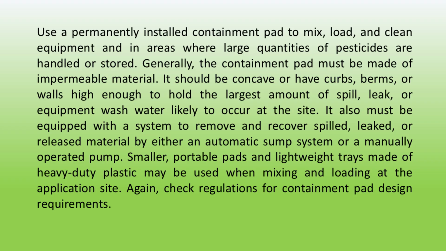It must also be equipped with a system to remove and recover spilled, leaked, or released material by either an automatic sump system or a manually operated pump. Smaller, portable pads and lightweight trays made of heavy-duty plastic may be used when mixing and loading at the application site. Again, check regulations for containment pad design requirements.